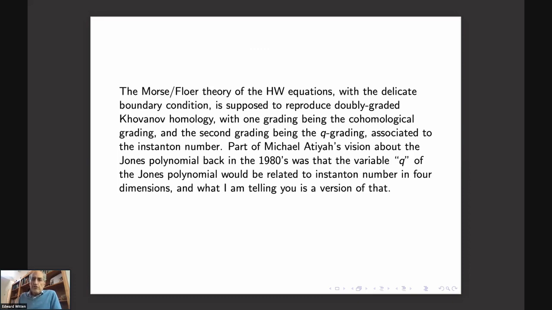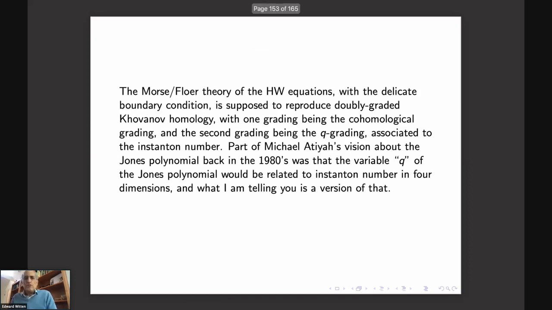And what I'm telling you is actually a version of that, though I was a skeptic back in the 80s and for long after. The reason I was a skeptic is that Chern-Simons theory in 3 dimensions captures a lot about the Jones polynomial, but can't be related, not in the spirit of this lecture anyway, and not, I think, in the spirit that Michael wanted, to instantons in 4 dimensions.